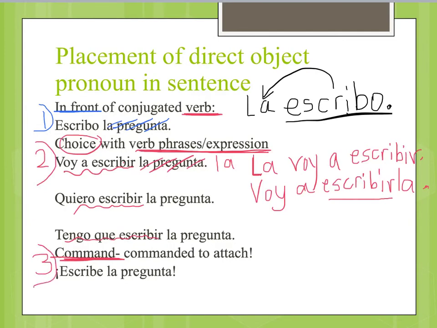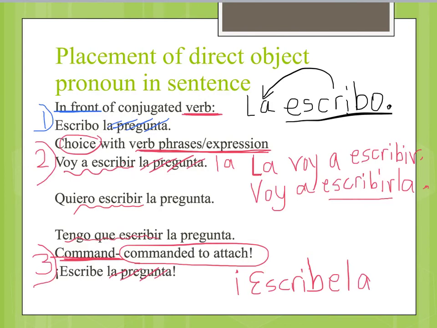Like in this example, escribe la pregunta. So if you wanted to switch to a pronoun, write it, you really have no option but to attach. Okay, so that's why I say commanded to attach to help you remember. So you would write escribe la as one word.